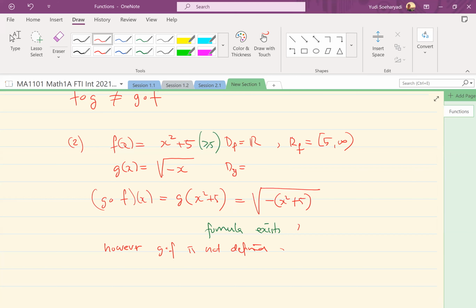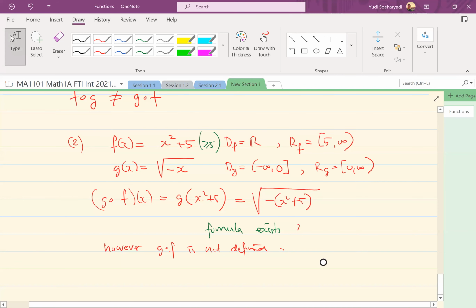That means x should be non-positive. And the range can be anything here.